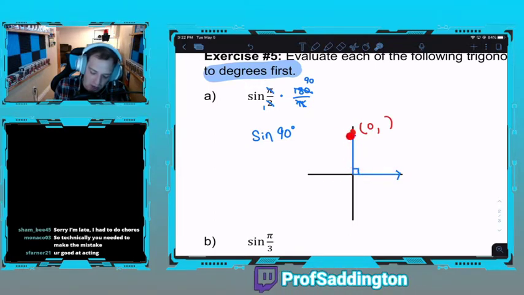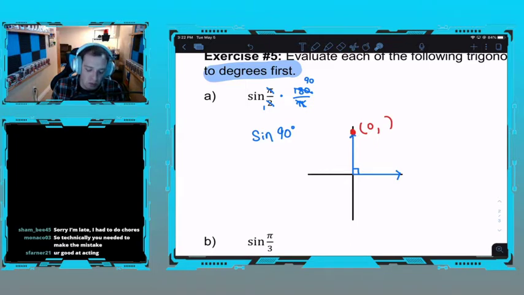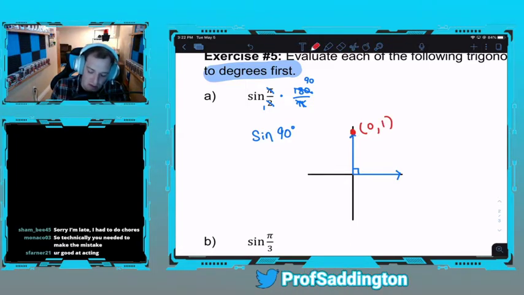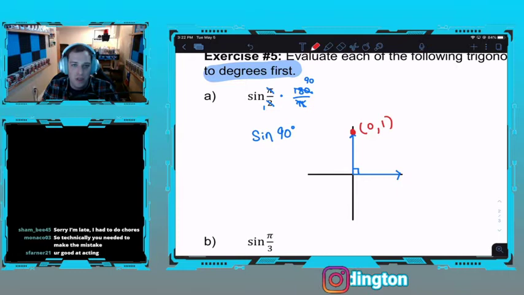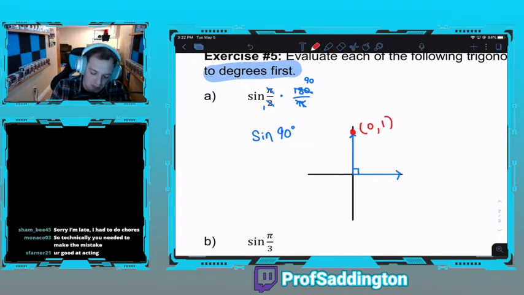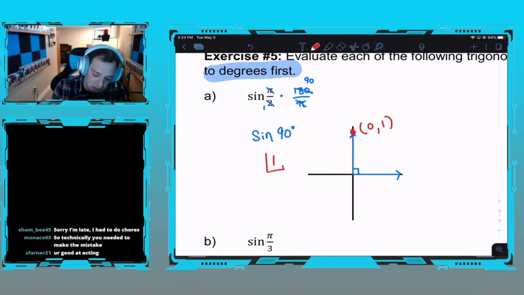I just went up, and because it's a unit circle, it's 1. Now this question is saying find the sine of 90. Well, sine we said is the y value. So if you look at those two numbers we wrote down in our coordinate, the y value is 1. So sine of 90 is going to be 1.